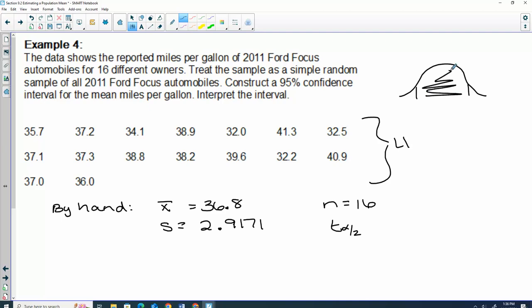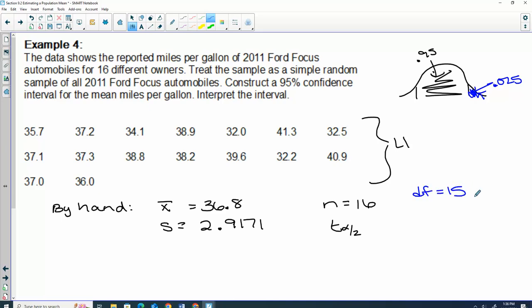So 95% is in the middle. So that leaves 5% left, but split over the two ends, right? So this area to the right is 0.025 because it's only 2.5%. Your degrees of freedom is n minus 1. So I have 15 degrees of freedom.